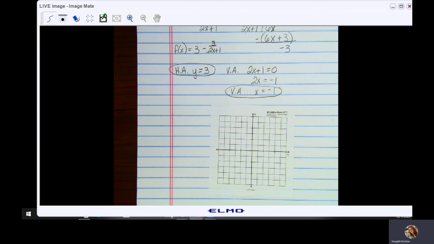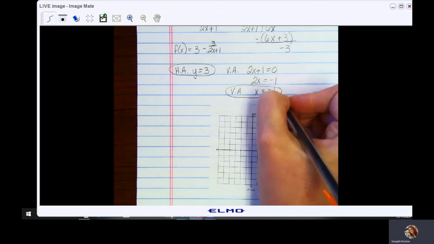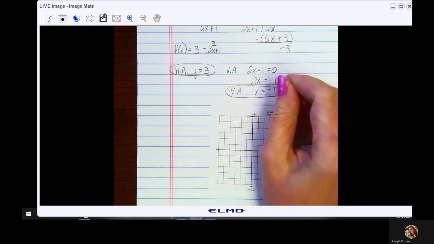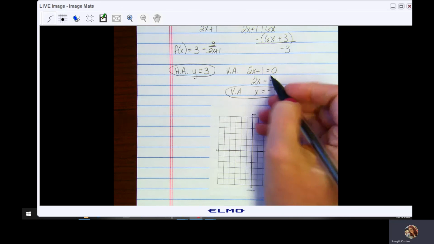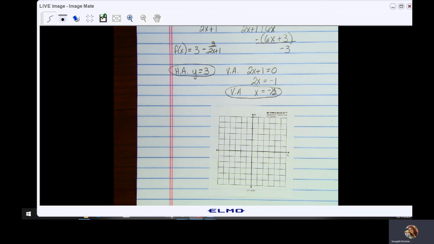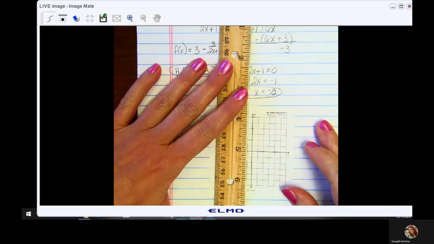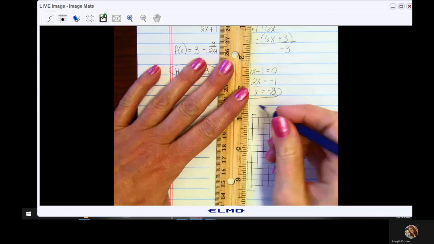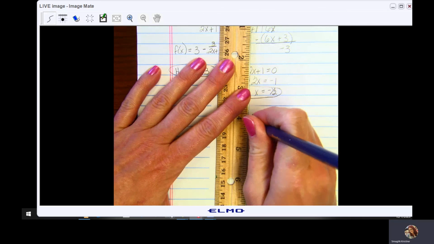So I have an asymptote, my x, I forgot to write the 1/2. Should be a negative 1/2. So at negative 1/2, here's my asymptote.